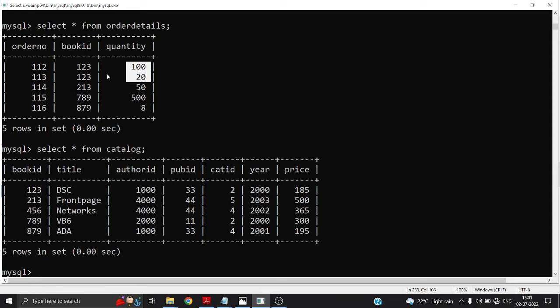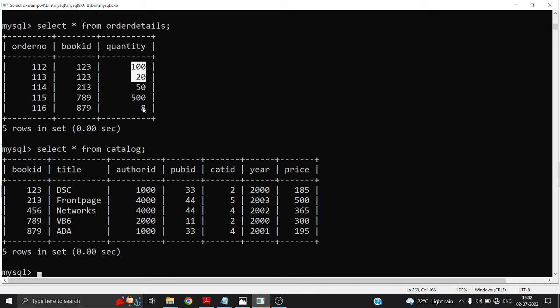Then we get to know the textbook 123 is having sales of 120, 213 is having 50, 789 is having 500, and 879 is having 8. By looking at all these cases, which textbook is having the maximum sales? Textbook with ID 789 is having the maximum sales because 500 is the maximum, second one is 120, third one is 50, and fourth one is 8.